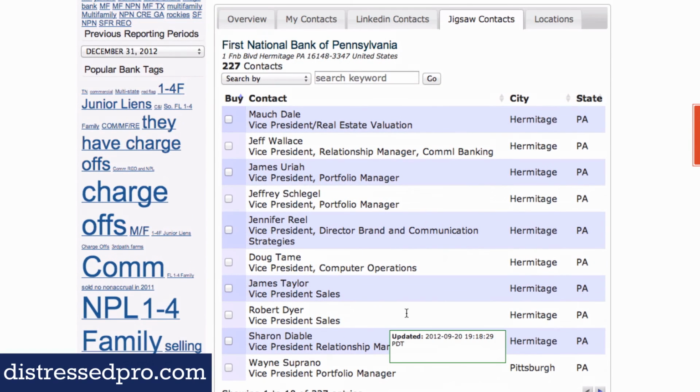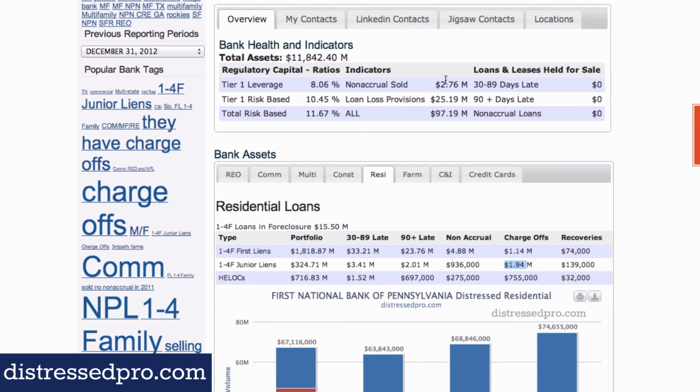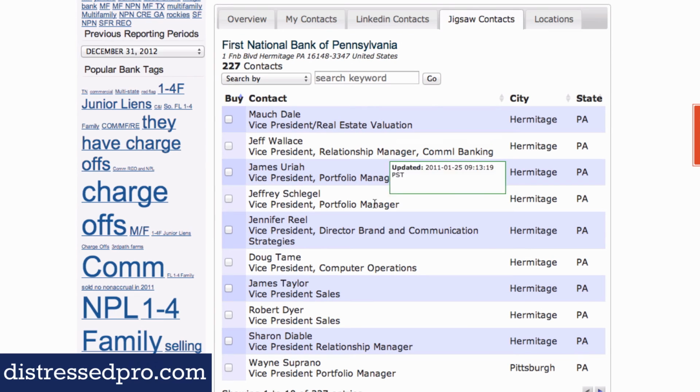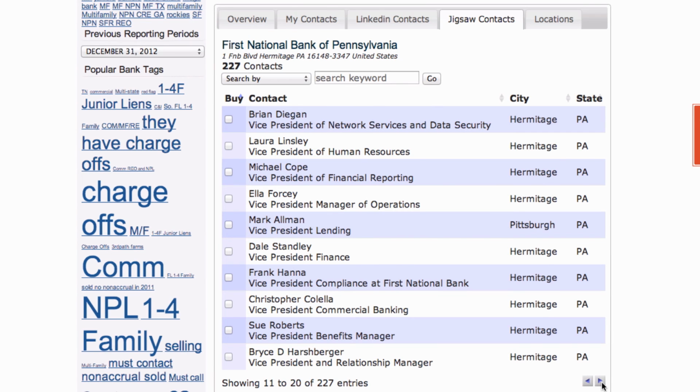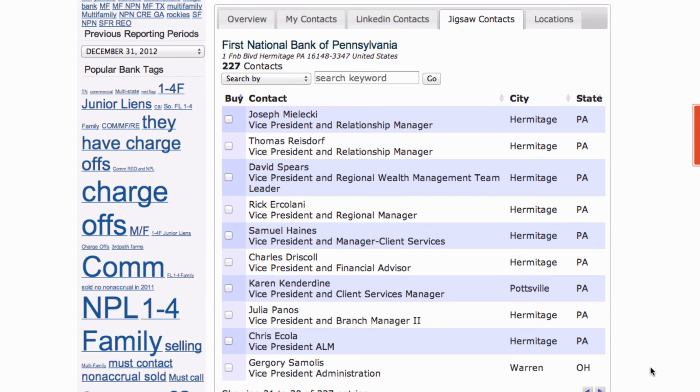And so I know when I see this number right here that they're selling non-accrual, and I can find a contact right here. This is how you get really efficient if you want to find non-performing junior liens direct from the institution. I hope that's helpful if that's a business you're in.